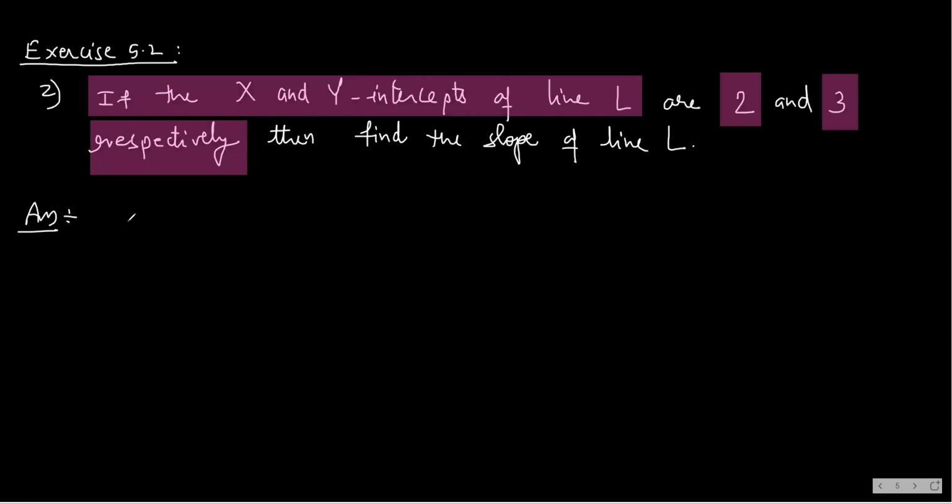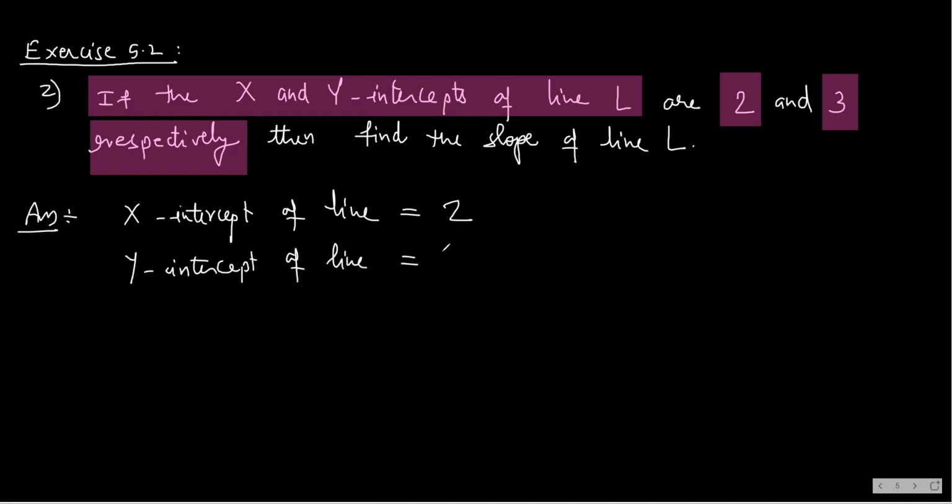What is the x-intercept of the line? The x-intercept of the line equals 2. Now you know, students, the y-intercept of the line is 3.